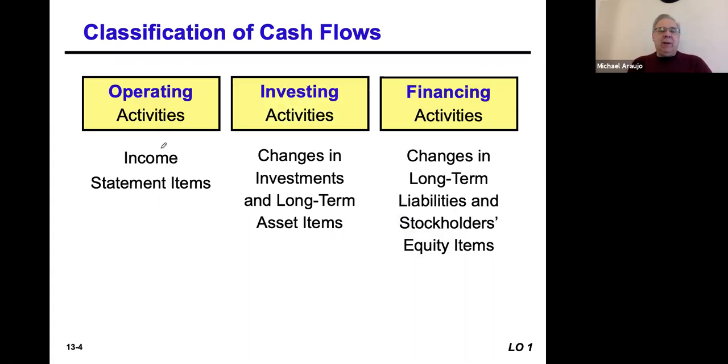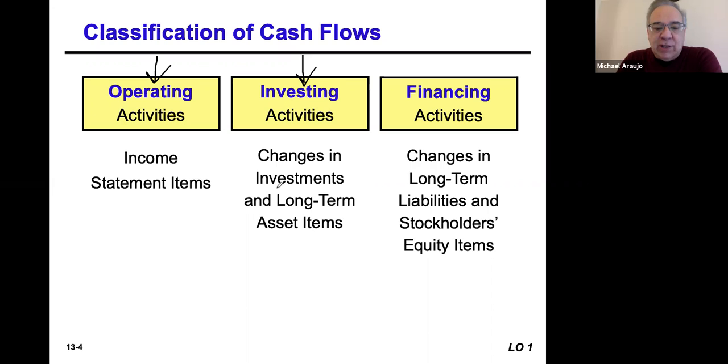When we're talking about the cash flow statement, we're talking about the three sections that we've talked a little bit about. Operating activities, which are almost always related to income statement items, because the largest part of operating activities is revenue and expenses. And then we have investing activities of the company. You might remember that companies will buy property, plant, and equipment, or they'll have investments, or they'll sell them.